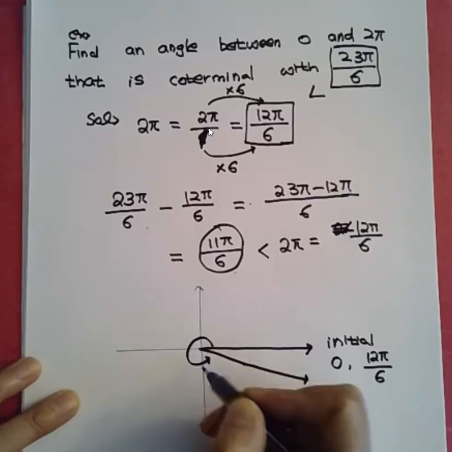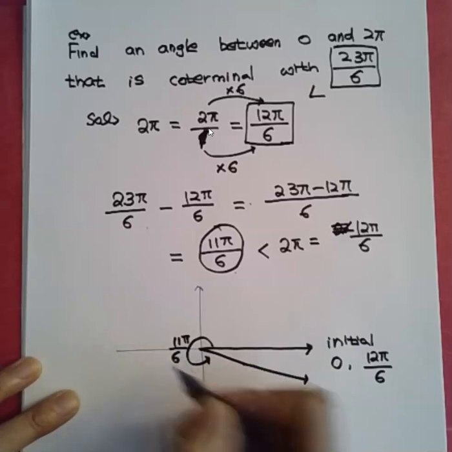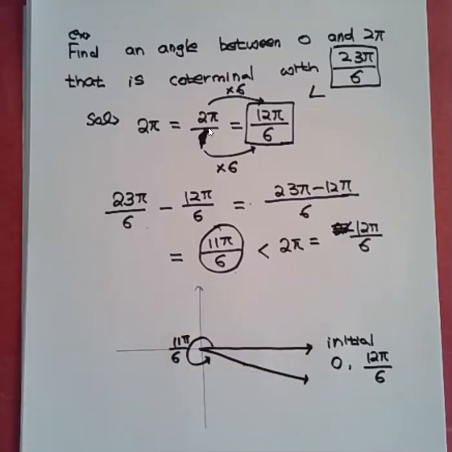This amount is 11 pi over 6. If we think about 23 pi over 6, then that'll be one more rotation.